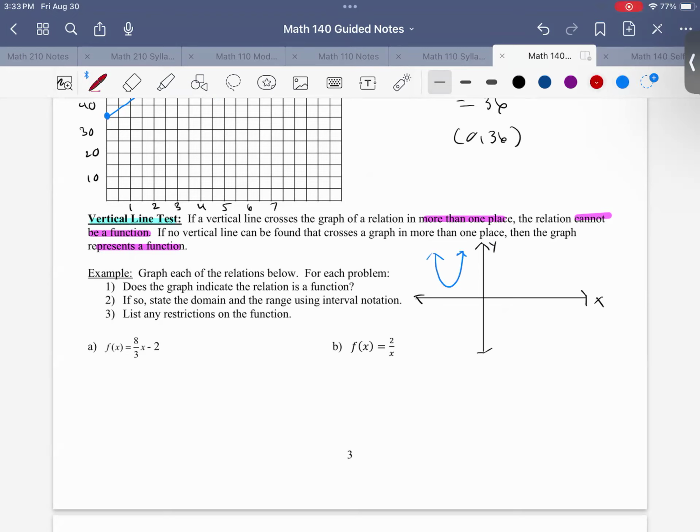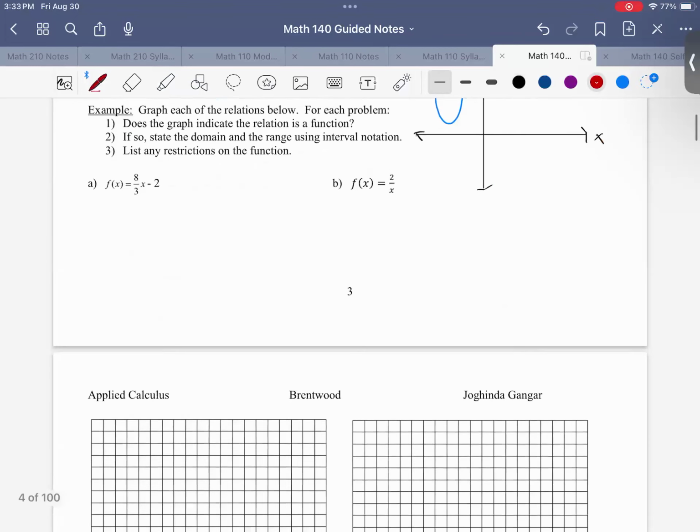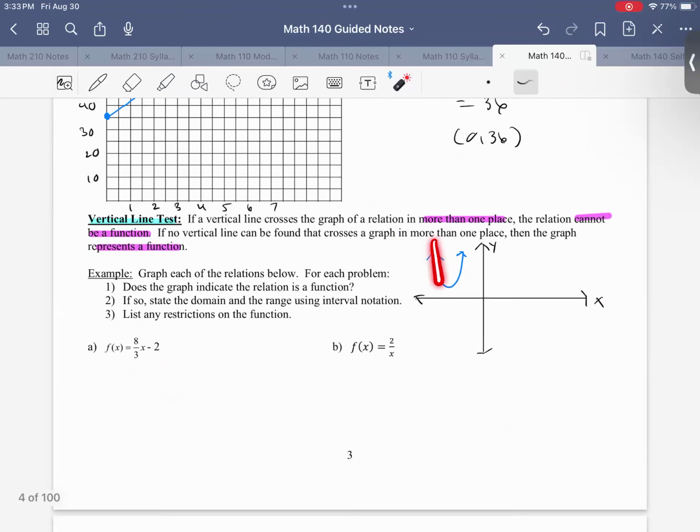If I try to draw a vertical line through this, I'm not intersecting it more than once, right? So this would be a function by the vertical line test.